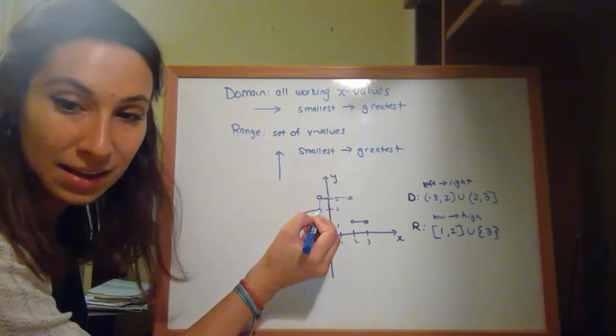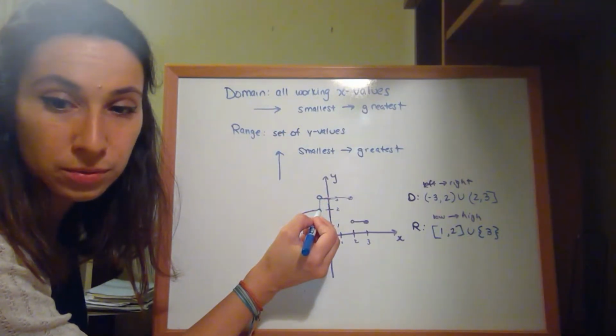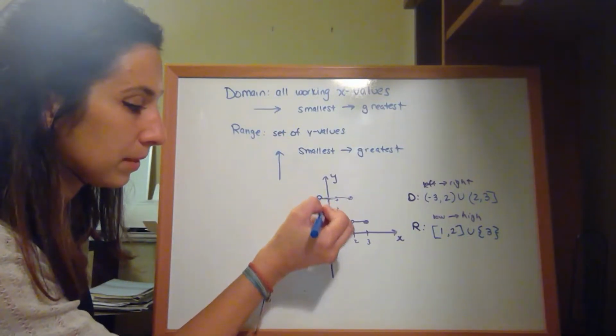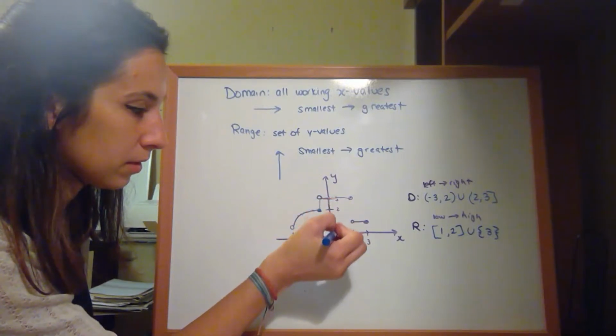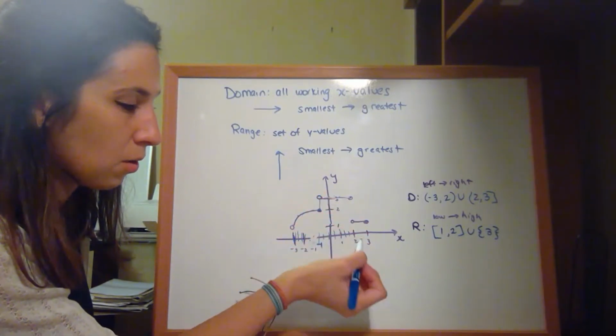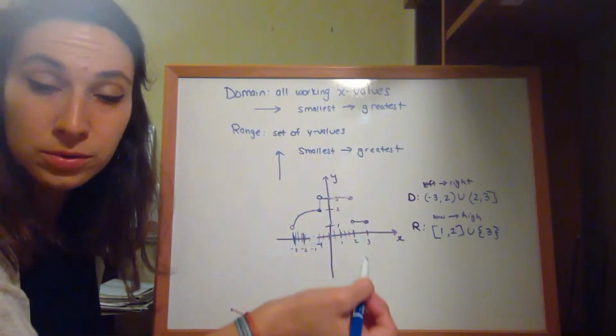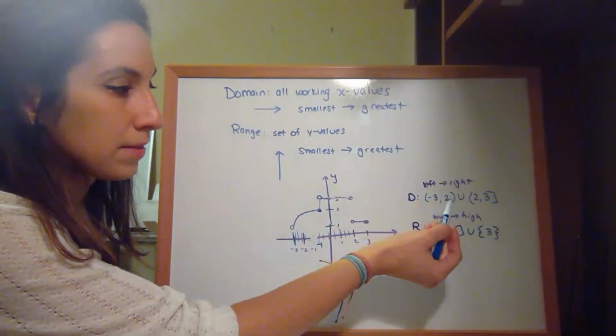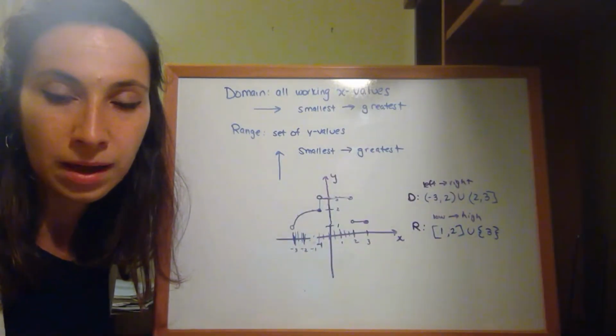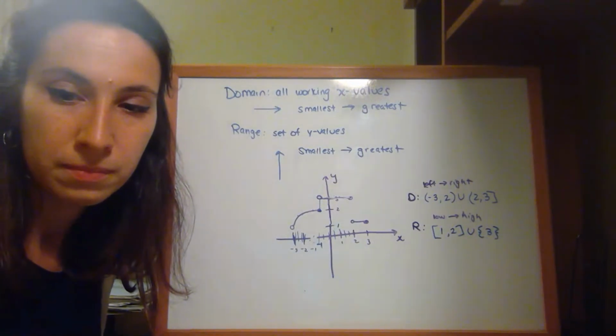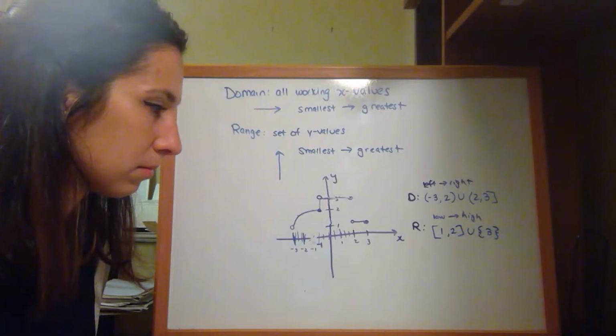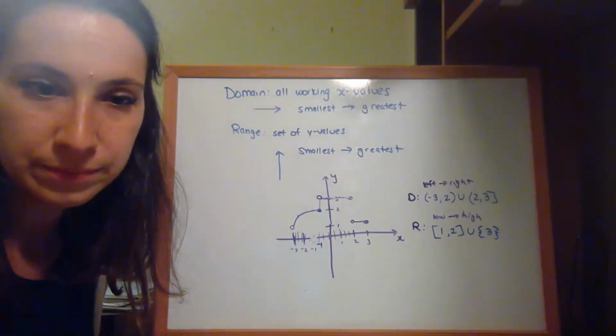So it has a match. It has something to go to. And then up here, we're good, we're good, we're good. All of a sudden at 2, there's nowhere to go to. And that's why we have to end it there and make a break. Okay? That was a little tricky. But does that kind of make sense now?